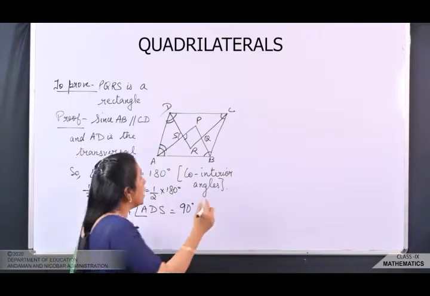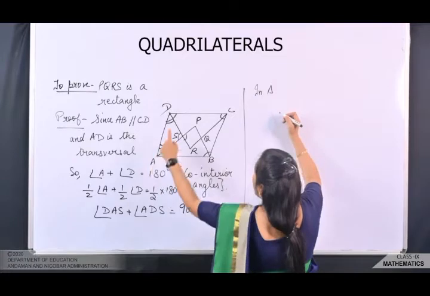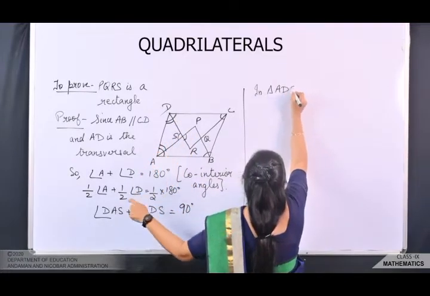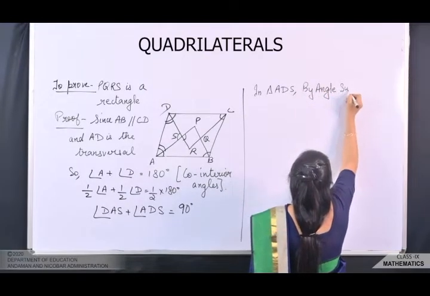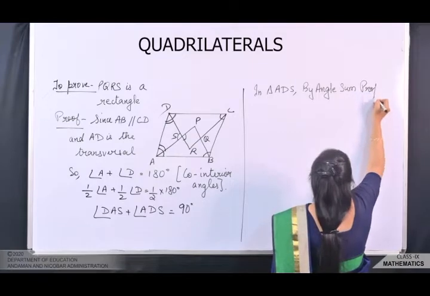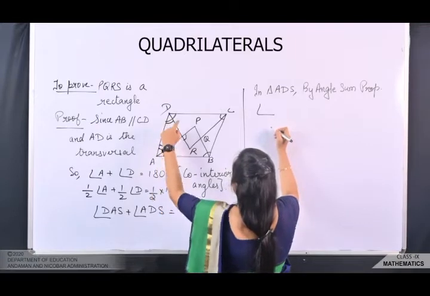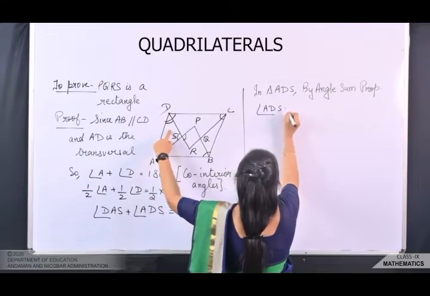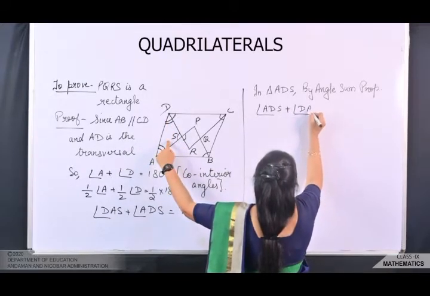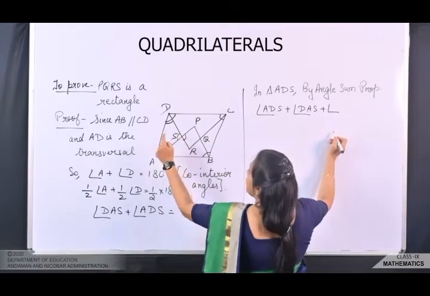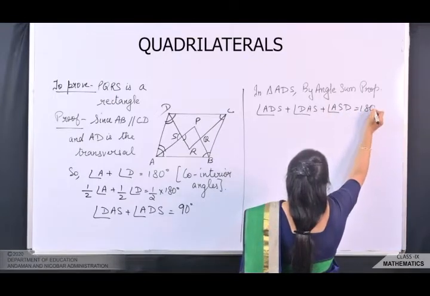Now here in triangle ADS, by angle sum property, angle ADS plus angle DAS plus angle ASD is equal to 180 degree.